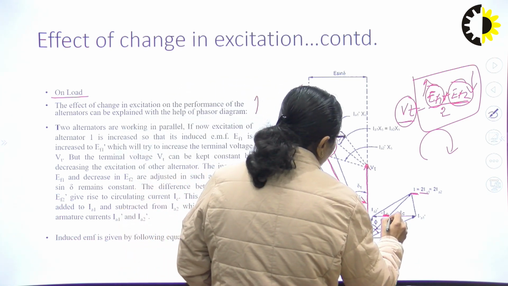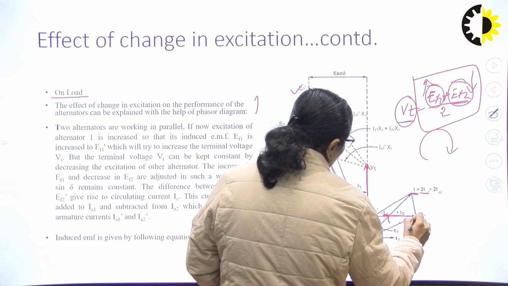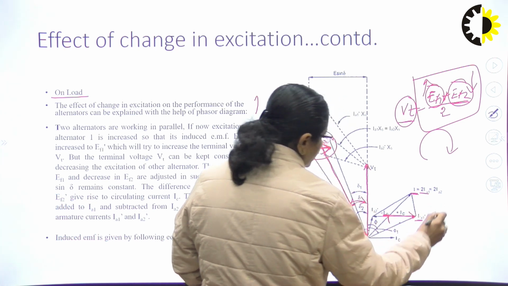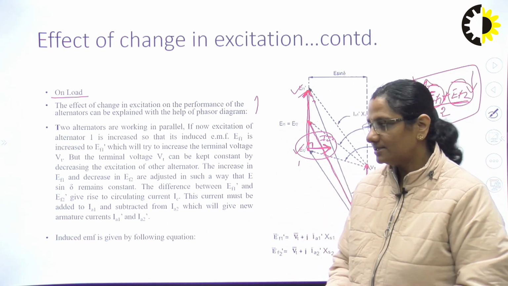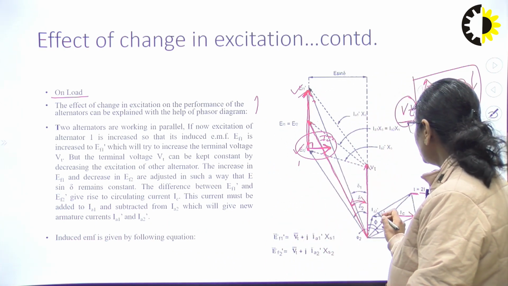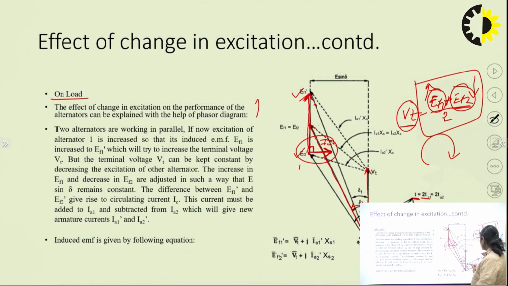Alternator 1 will now have a current IA1 dash, where IA1 dash is the phasor sum of current IA and current IC. Likewise, there is a reduction in the current supplied by alternator 2. So, we need to subtract the circulating current from the alternator 2 current so as to get the new value of current supplied by alternator 2.